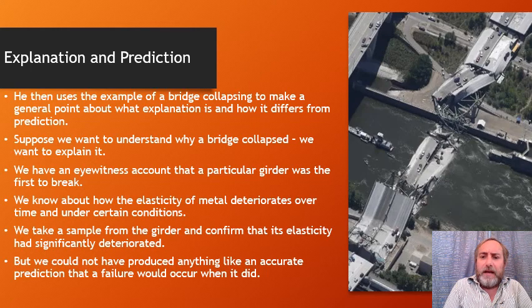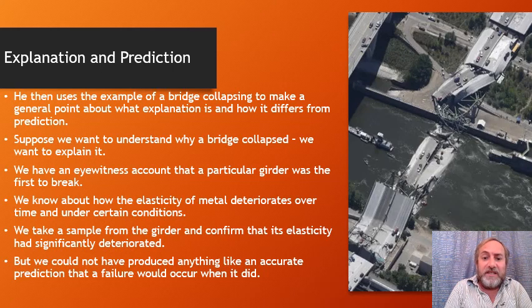So Scriven then, if you read it, goes into a long passage about an example of a bridge collapsing, and what's involved in explaining that. He wants to point out that what's involved in explaining something like that is far, far less than what Hempel and Oppenheim require. So suppose we do want to understand why a particular bridge collapsed, and we have some information.